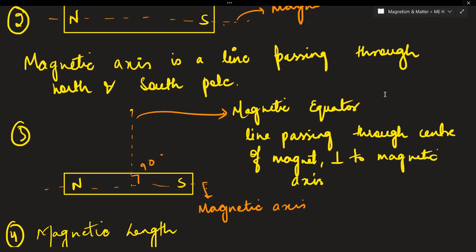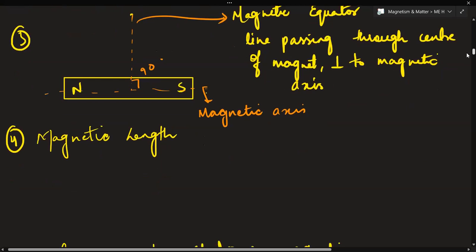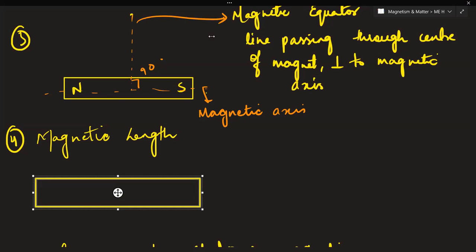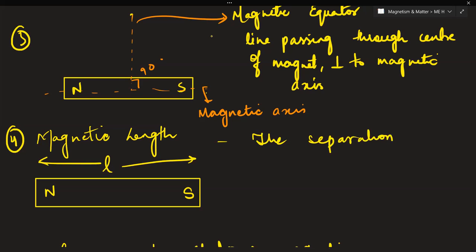And one last terminology before we actually start with everything is magnetic length. So what is magnetic length? If this is North Pole, this is South Pole. Magnetic length means the separation between North and South Pole.